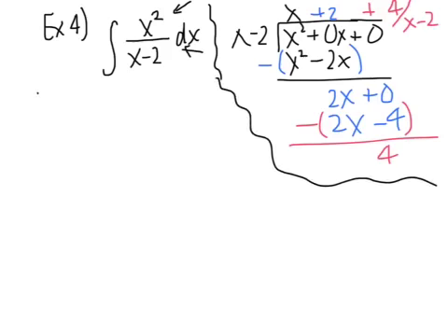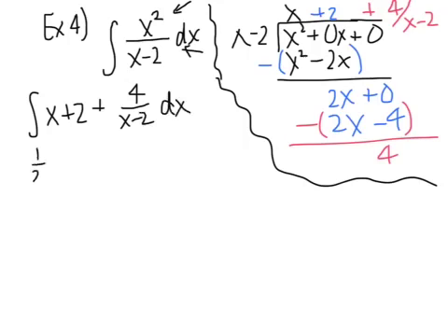And so this integral I can replace with x plus 2 plus 4 over x minus 2 dx. My beginning part is quite easy to take the antiderivative of. My second part is going to take a little more work. I'm going to go ahead and pull that 4 in front.